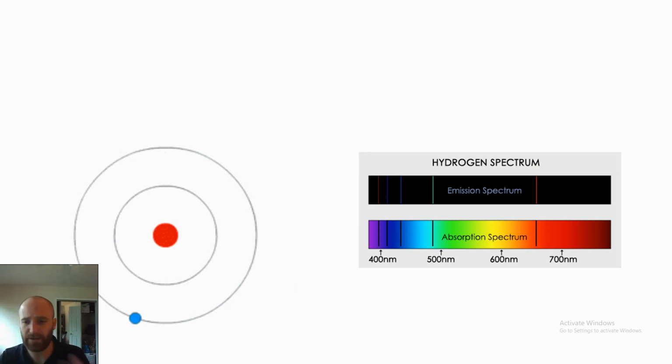Again, his math matches the experiments. In the same way, when the electron jumps up in energy, it absorbs light, and only those frequencies, the frequencies that match the energies. So you can see that this emission spectra, which is light that is released in these transitions, matches the absorption spectra, light that is absorbed in these transitions, depending on if the electron is going up or down in energy.